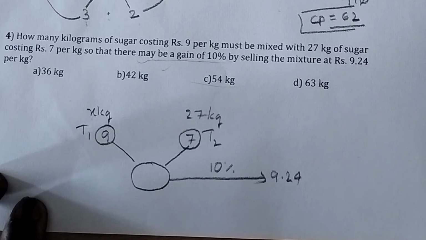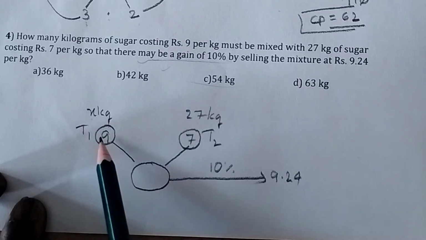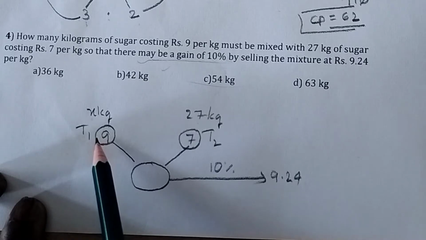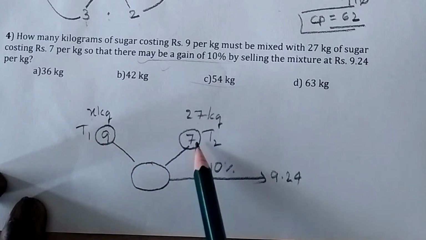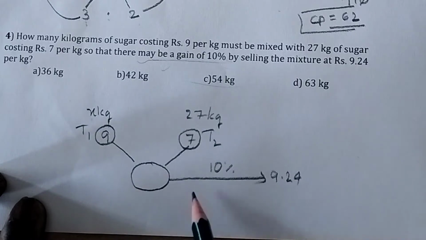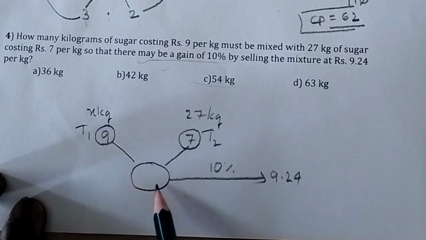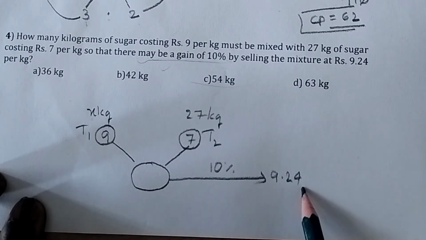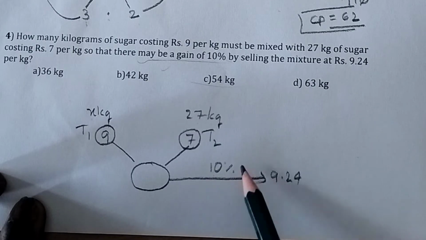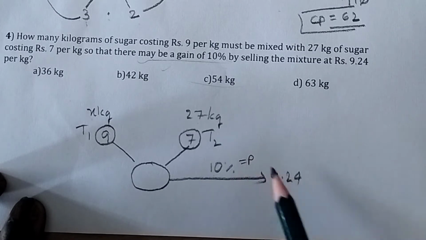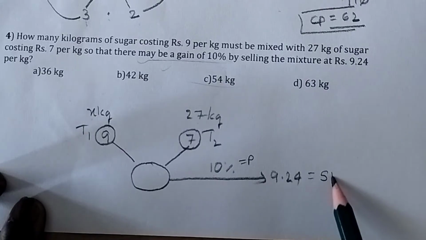So what exactly the given question is, in real time, that a shopkeeper doing some fraud. That means he is taking the same product in different quality and mixing in a certain ratio. Is selling that product at 9.24, is getting a profit of 10%. So that is what the given question is.